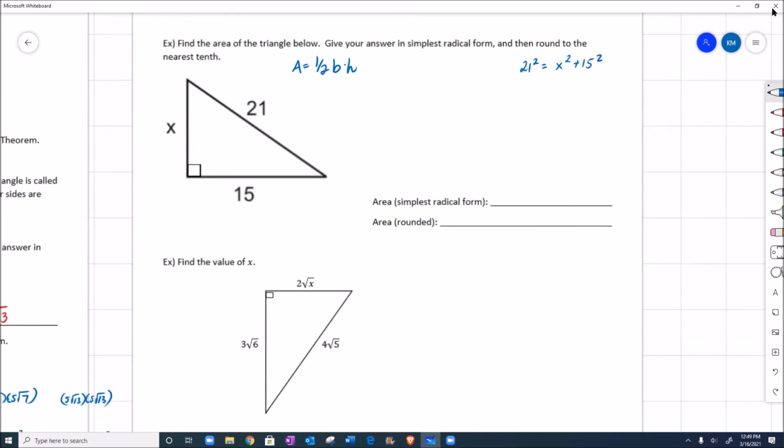So 21 squared gives us what, 442? Am I right about that? 441. So 441 equals x squared plus 225. Subtract 225 from both sides, we get 216. So we find that x squared is 216. Taking the square root, nope, it doesn't work that way. 216 divided by 8 gives us 27.